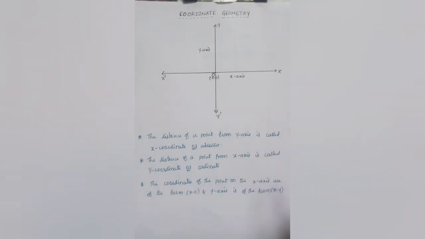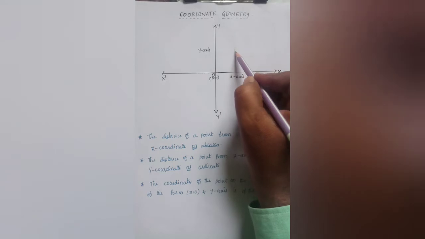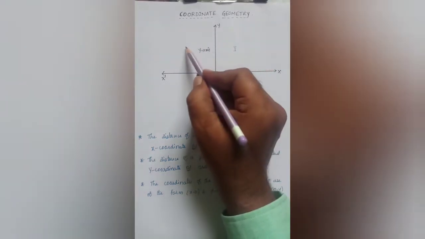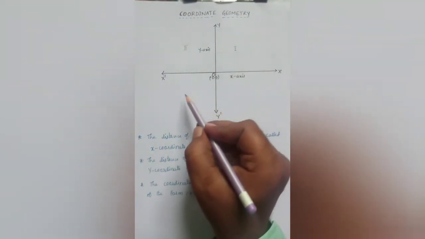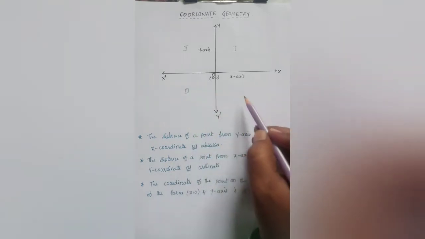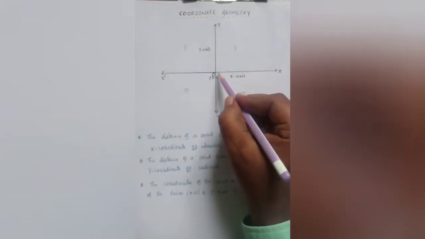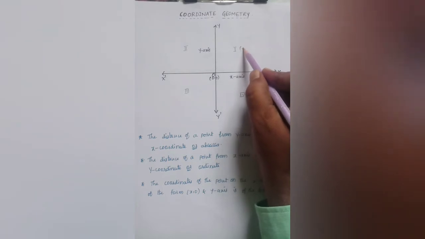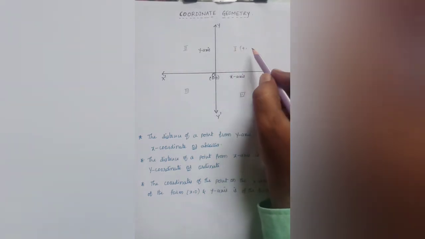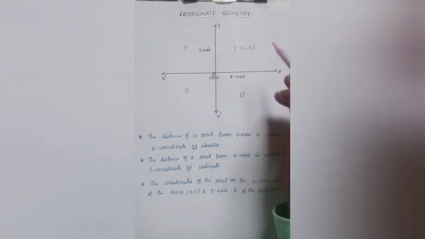This concept you already know. And quadrants: this is the first quadrant, this is the second quadrant, this is the third quadrant, this is the fourth quadrant. Location of points on the quadrants we have already learned. In the first quadrant, x and y will both be positive.